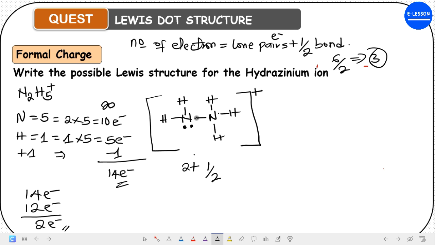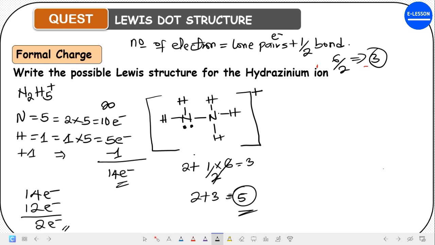If you look at this, there are 2 electrons here, plus another 2 here, 4, plus another 2 here, making it 6. So it means it is having 6 bond pair electrons. So we say 6 divided by 2 is how many? 3. So you have 2 plus 3, which gives us 5. So it means nitrogen is bringing 5 electrons to the table.